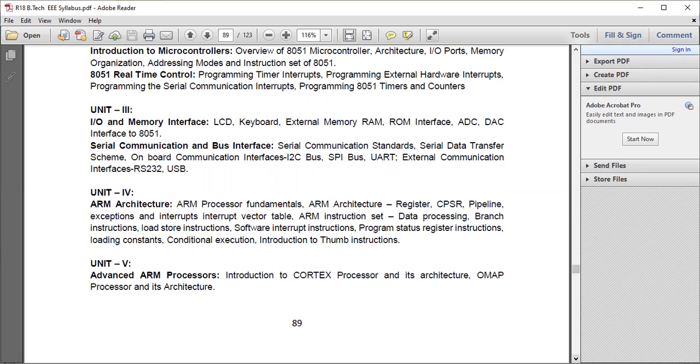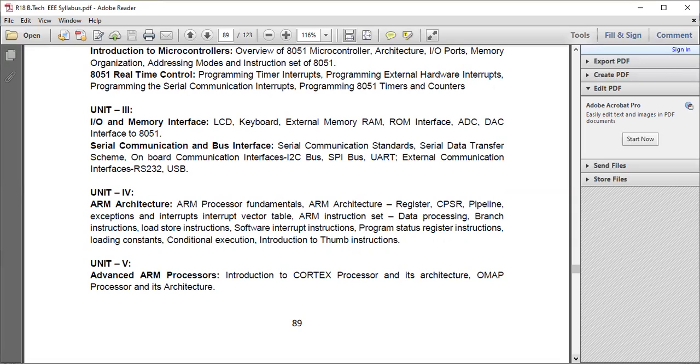The fourth and fifth units are completely about ARM architecture and advanced ARM processors. For ARM architecture, we will discuss the internal architecture, the branch instructions, the thumb instructions, and different instructions which are present in ARM architecture. Unit 5 is completely about advanced ARM architecture: what is the Cortex processor, what is the OMAP processor, what is the architecture of the OMAP processor.